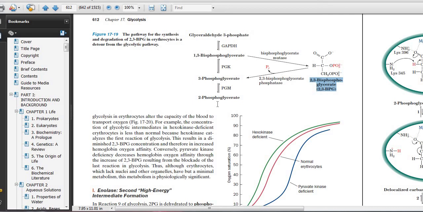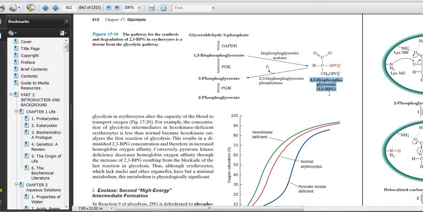As a result, there will be some accumulation of the products of the previous reactions: 2 PG will be accumulated, 2,3 BPG will be accumulated, 3 PG will be accumulated. So in that case, those cells have a higher concentration of 2,3 BPG, and as a result that hemoglobin will not be able to carry oxygen significantly.